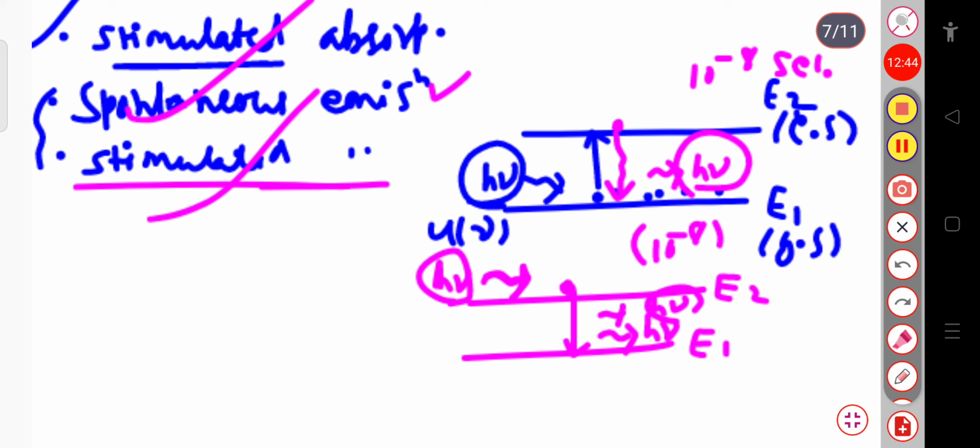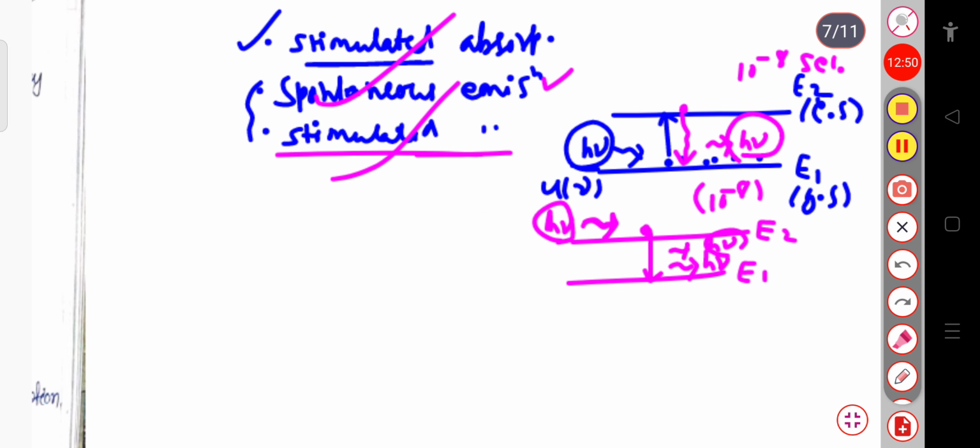In the downward transition we will study spontaneous as well as stimulated emission. In the spontaneous emission case, it will only depend on the number of atoms available in the E2 state. Suppose N2 is the number of atoms available in the E2 state. So the spontaneous emission only depends on N2, the number of atoms available.